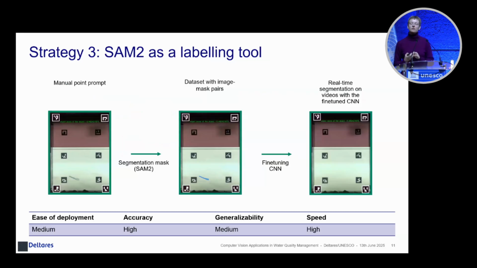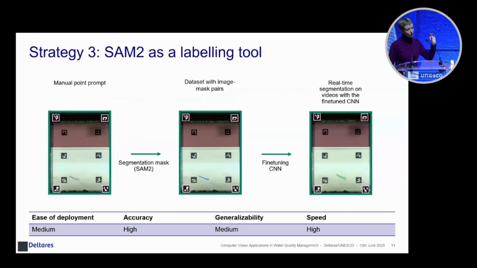And a third strategy that also worked really well, but was a bit of a different function, is that we used SAM2 as a labeling tool. So in order to fine-tune a CNN later on, which is way more lightweight than SAM2, because SAM2, like this foundational vision model, is quite extensive. And this lightweight CNN would allow us, for a follow-up project, to transfer this CNN to an edge device, as we saw in the presentation on tiny machine learning.